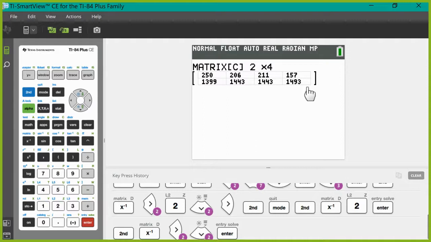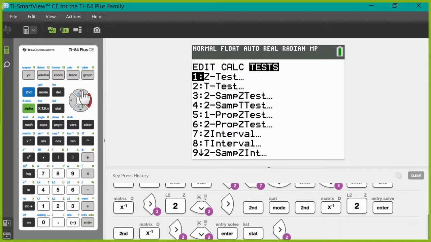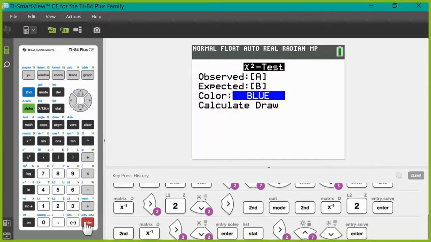I'm going to tell my calculator to run the chi-square test on matrix C and matrix D just to have it in those positions. So I'm going to go to stat, over to tests, up to chi-square test, which is C, and I'm going to change mine. You don't have to change yours if you plugged it into matrix A. Oh gosh, I can't remember how to do it now.